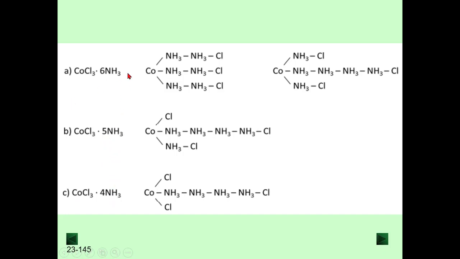Here, if you see, they have not considered which one is the ligand with the transition metal. As you know, in the modern concept we differentiate some chlorides as ligands and some as counter ions or spectator ions.